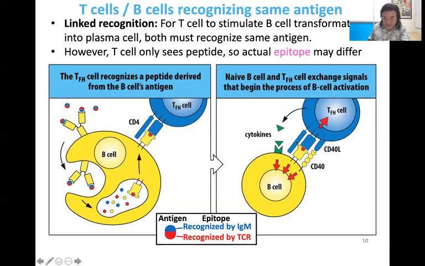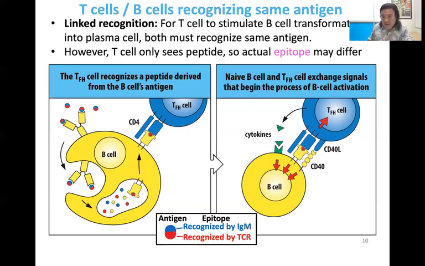The CD4 co-receptor confirms that this is MHC2. The follicular helper cell has CD40 ligand on its surface, and the woken up B cell has now started expressing CD40 on its surface so that it can see the CD40 ligand signal. So this B cell knows that this T cell is sending messages that are meant for it.